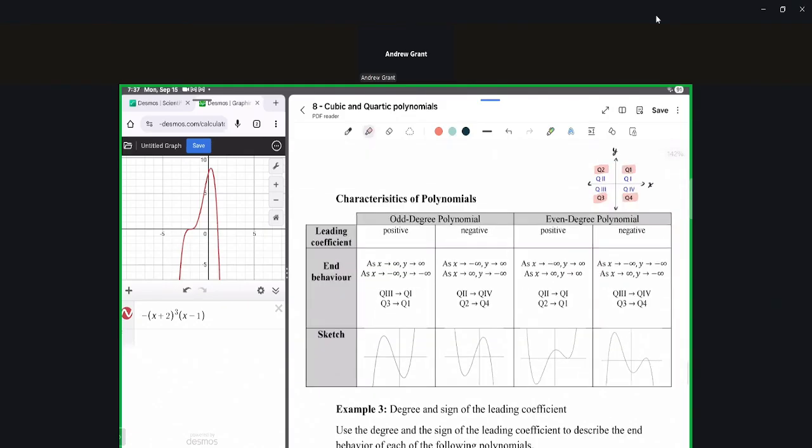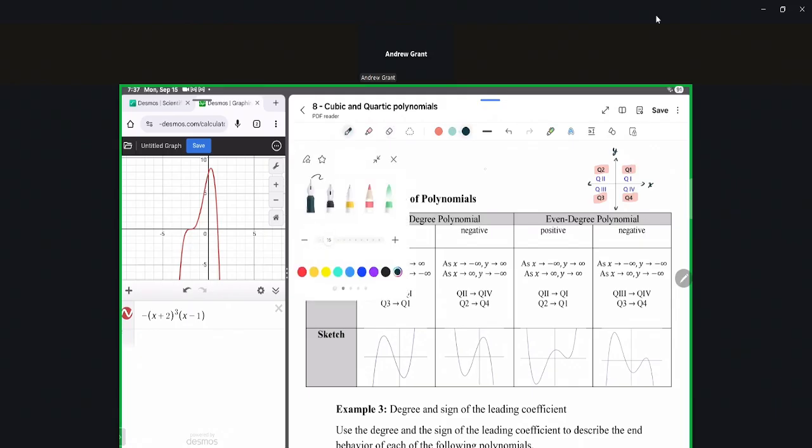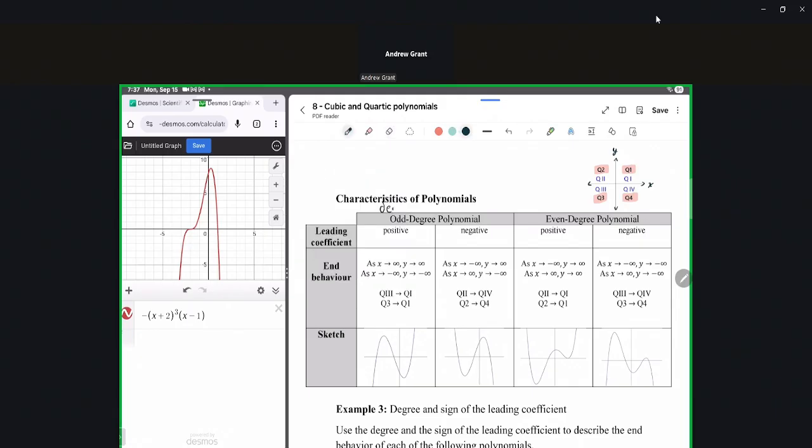Well, I have this chart here about characteristics of polynomials. In general, if you have an odd degree polynomial, so these are things that could be degree 1, 3, but then again, we could also keep going and say 5, 7, 9, whatever.